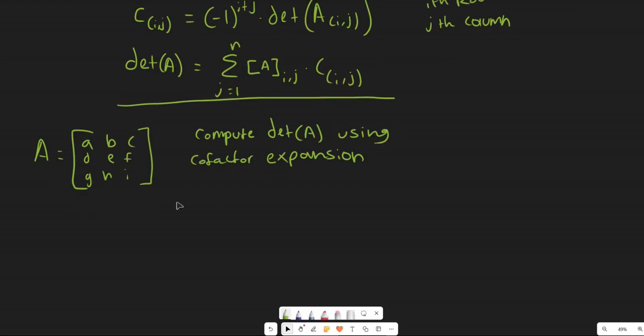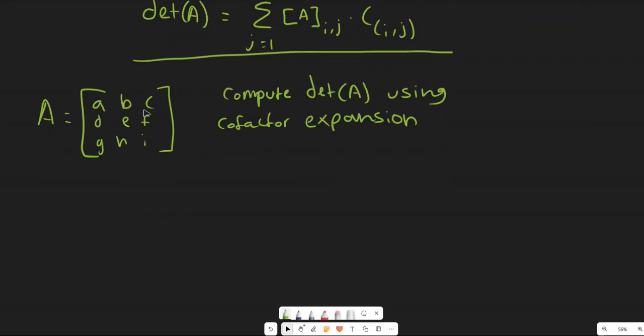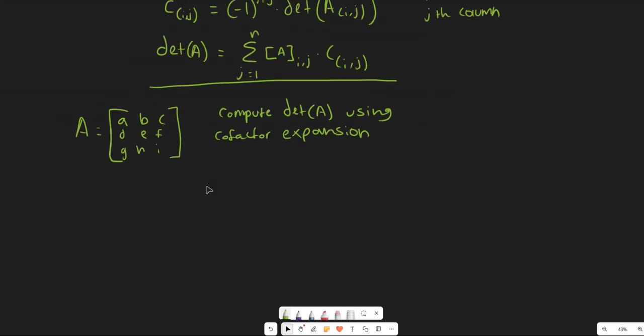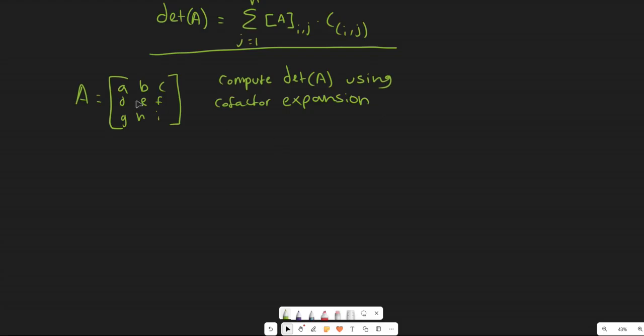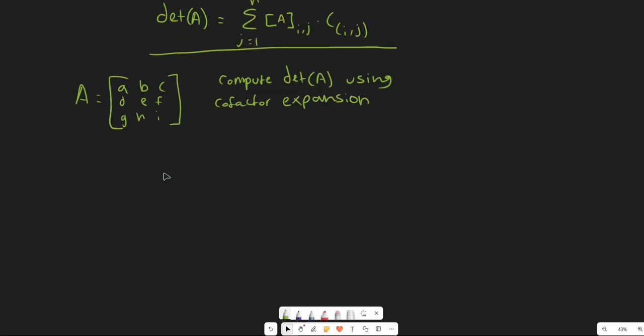Let's go ahead and do this, because if I can generalize it, just to make it clear, A, B, C, D, E, F, G, H, I, these are all elements of the real numbers. So these are all just real inputs, basically. How would we compute the determinant of A using cofactor expansion? Now this will be a general formula, so by the end of this you'd be able to punch in the numbers and calculate any determinant for a 3 by 3 matrix of this form.